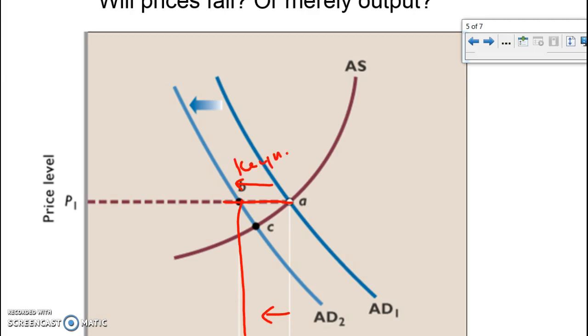When demand falls, output falls, but prices don't. This is going to be really important later. The classical economists say that's not true. When demand falls, output falls, and prices fall. Okay, so they have a slightly different picture of what's going to happen, and that will have a different impact on whether the economy is able to correct itself in the long run.